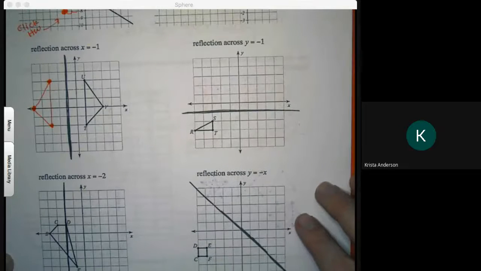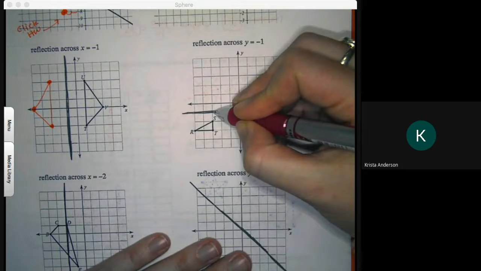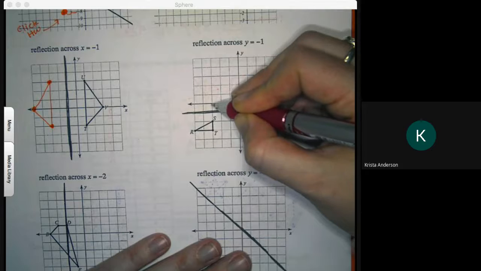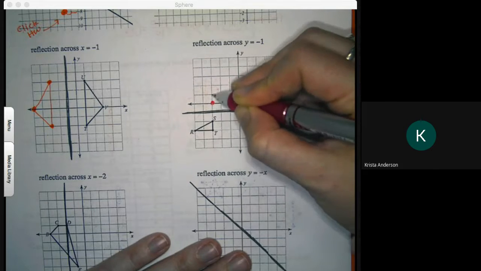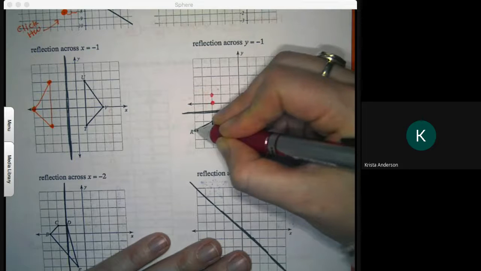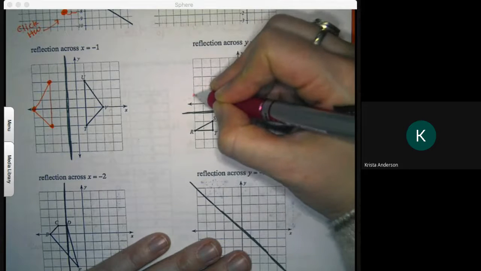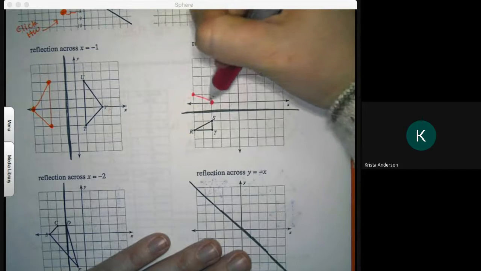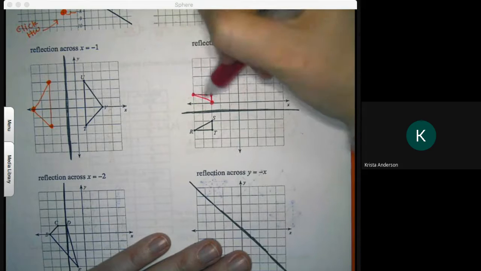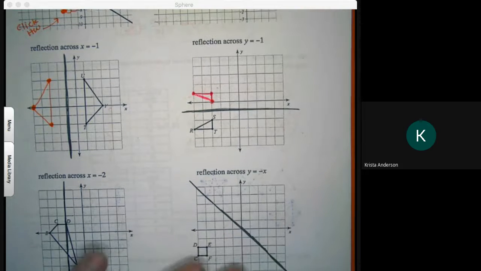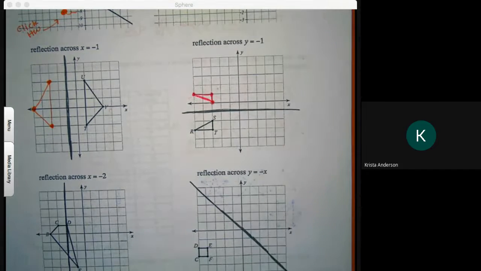When we reflect triangle RST, S is 1 away, 1 up, so I would go 1 up and click. T is 2, so I would go 2 and click. R is 2, 2, click. And my triangle has been reflected. It has been flipped over the line of reflection.